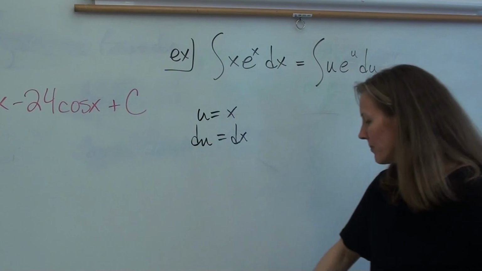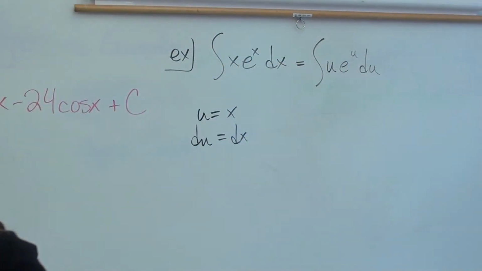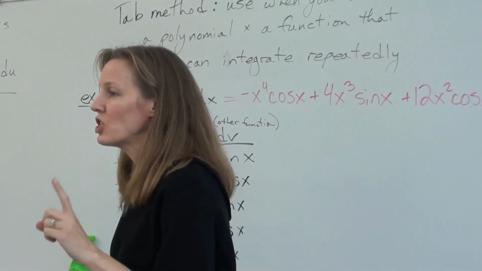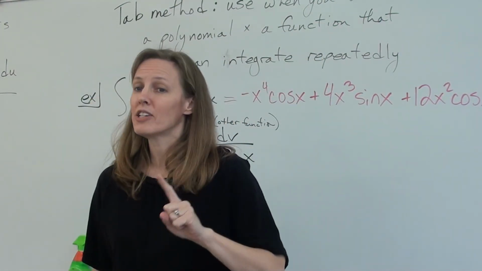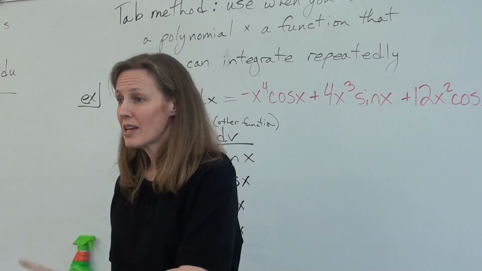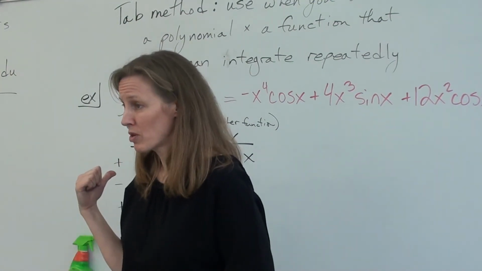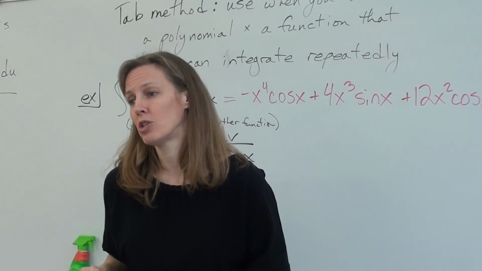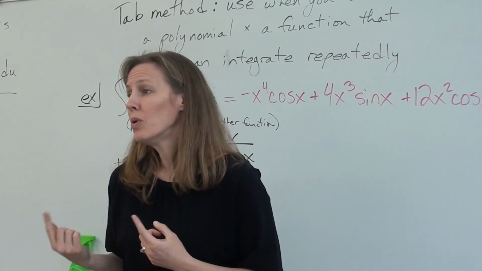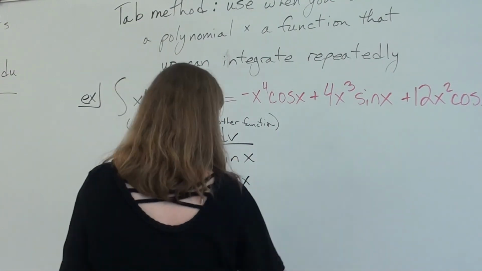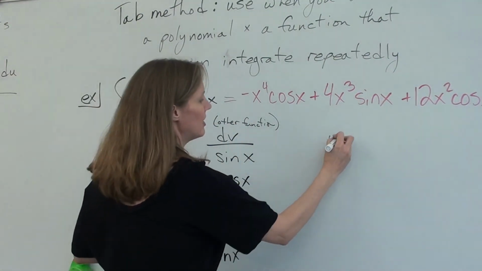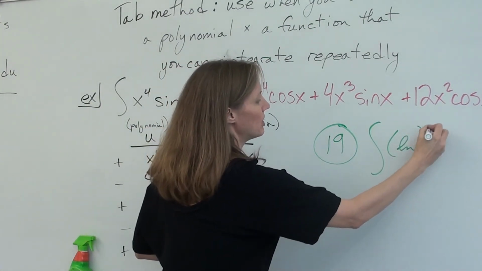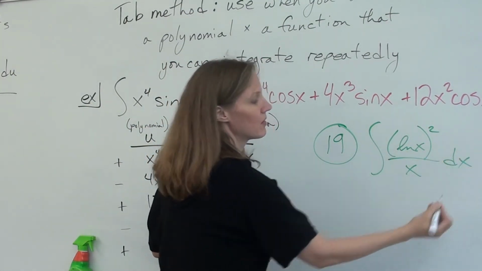Okay. However, that being said, and I'm going to leave this on camera just for the world to know, your homework tonight in section 8.2, there are several, not just one, several problems that don't require integration by parts, that do require the old-fashioned u substitution in order to find them. So be warned. For example, in first period we did number 19. If I remember right, 19 was the integral of ln x quantity squared over x dx, right?